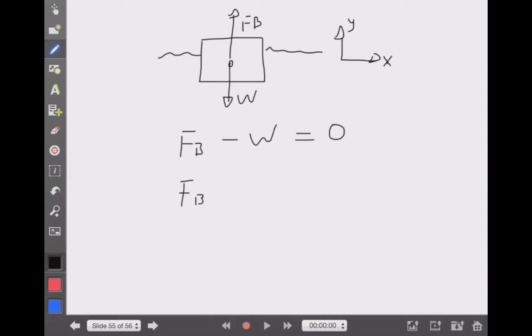And so we can solve for the buoyant force. We know that the buoyant force is equal to gamma of water times the volume. We don't know the volume of the displaced fluid, but we do know that one side is 30 centimeters and the length is 0.6 meters.